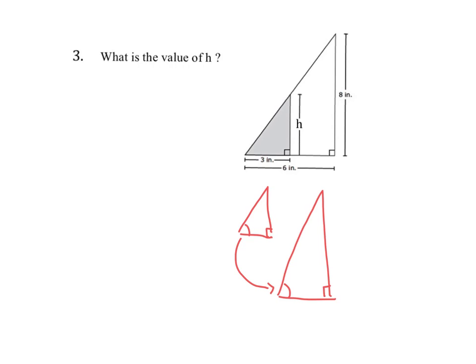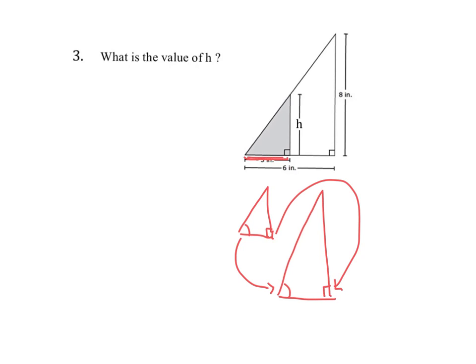This angle is congruent and the right angles are congruent. So that means we can assume these two are similar triangles, and we can set a proportion. We can set a proportion in two ways.